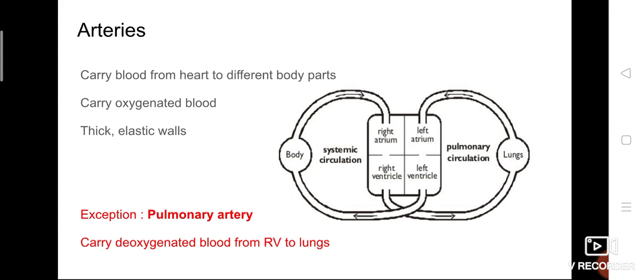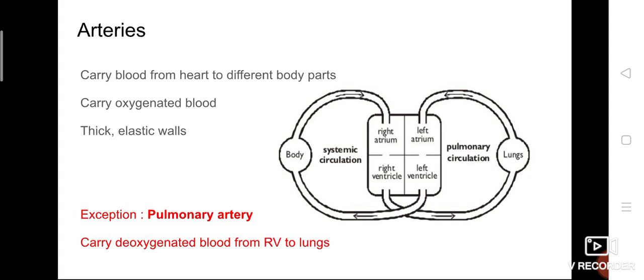So for respiration, our body cells need oxygen. The heart gives that oxygen along with the blood to different body parts. So definitely arteries are going to carry what blood? Oxygenated blood. So the tube from the left ventricle to different body parts is called arteries, and it carries oxygenated blood.